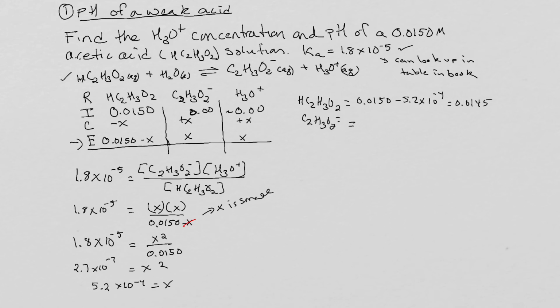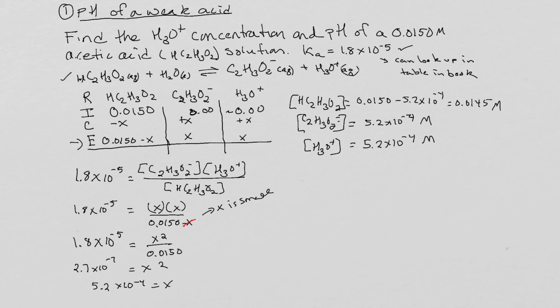And so the concentration is going to equal 5.2 times 10 to the negative 4. And our concentration of hydronium is again going to equal 5.2 times 10 to the negative 4. These, of course, are all molarities.